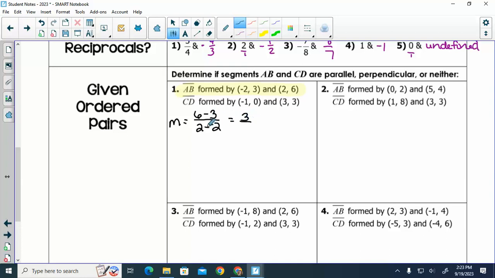So we get a 3 over 4 for the first slope. And we have to do the second one. How can it be either? So if the slopes aren't the same, or they're not opposite reciprocal. So 2 and 3. They're not the same slope, but they're not flipped reciprocals.